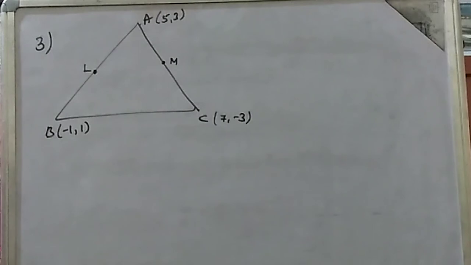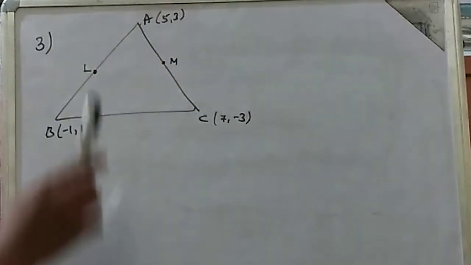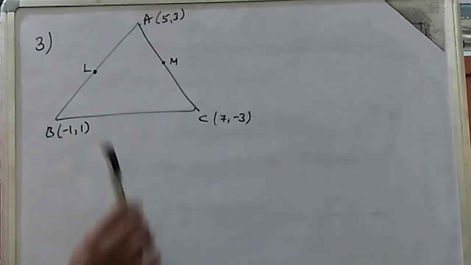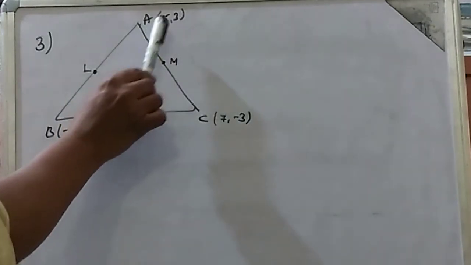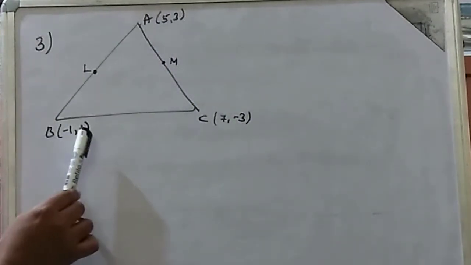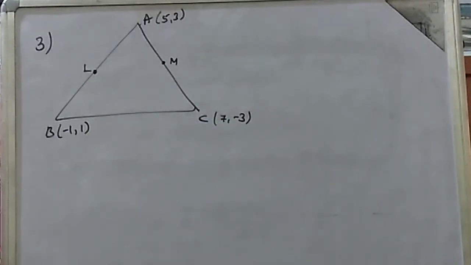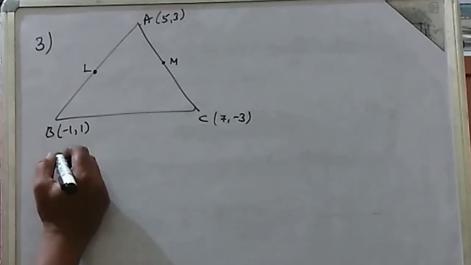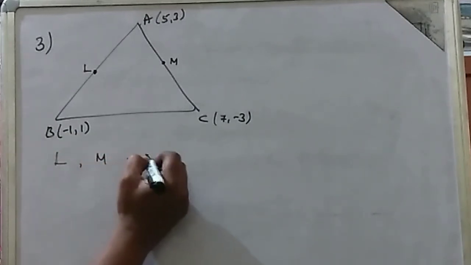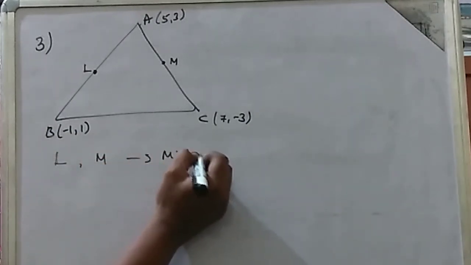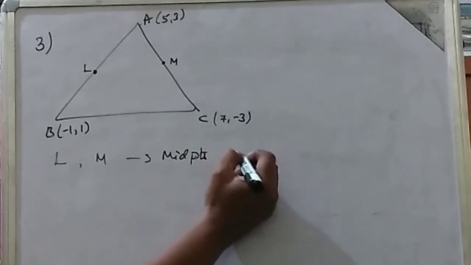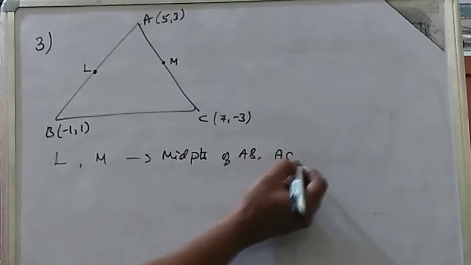ABC is a triangle. Given ABC is a triangle, vertices A (5, 3), B (-1, 1), C (7, -3). And L and M are the midpoints of AB and AC.